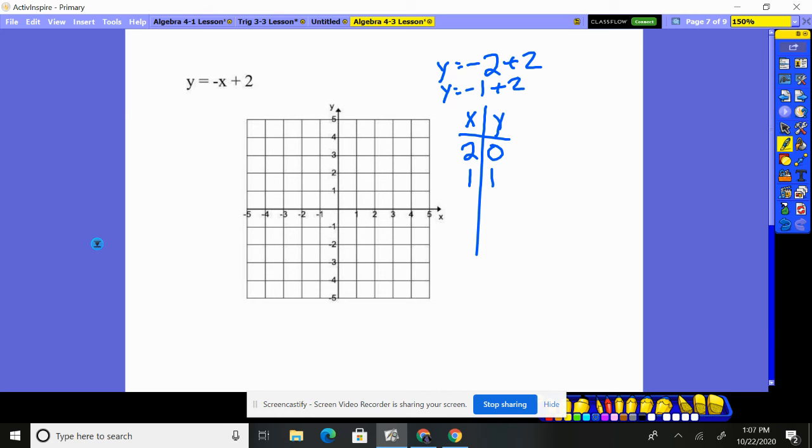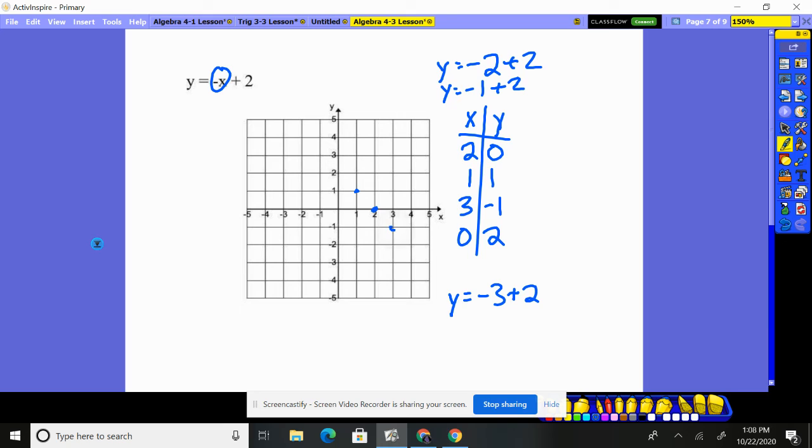So let's say we picked 3. I'll do it down here. Y equals the opposite of what we picked because it says the opposite of x. So the opposite of what we picked, which was 3, plus 2, that gives us negative 1. And then let's just do a 0. The opposite of 0 is still 0, plus 2. So over 2, up none. Over 1, up 1.